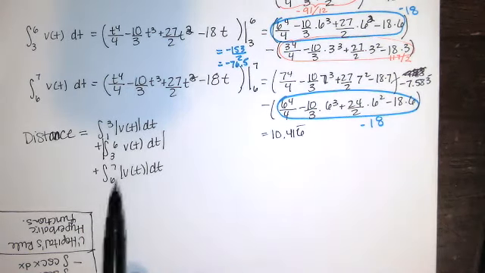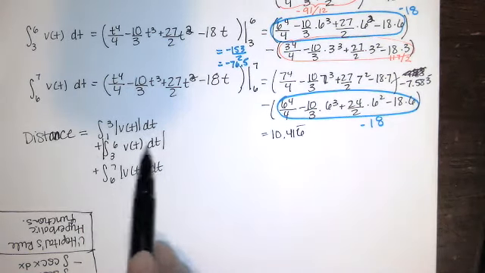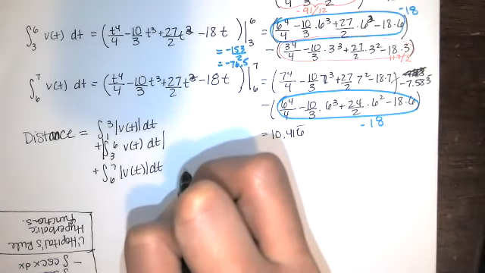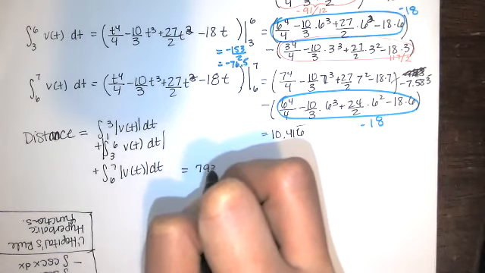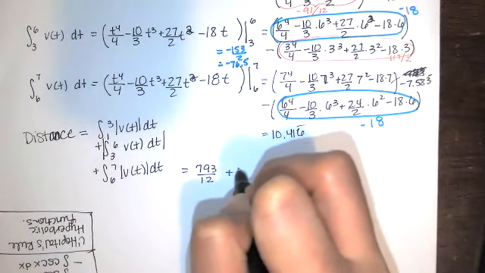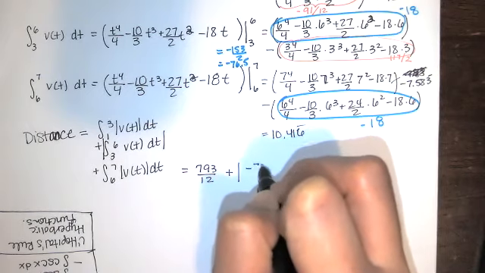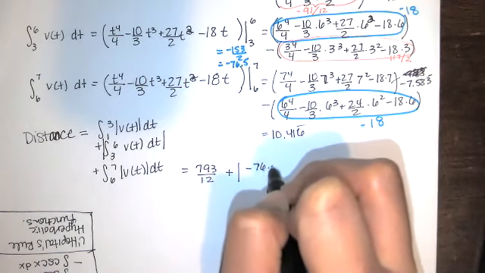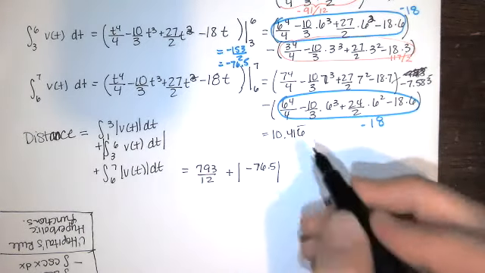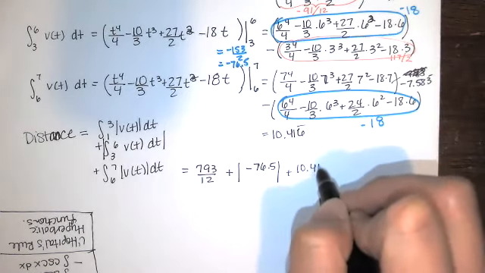So we get a positive answer, a positive answer. And this one, where we get a negative answer, we take its absolute value. So we've got 793 over 12 plus the absolute value of 76.5, and then we have plus this 10.416 repeating.